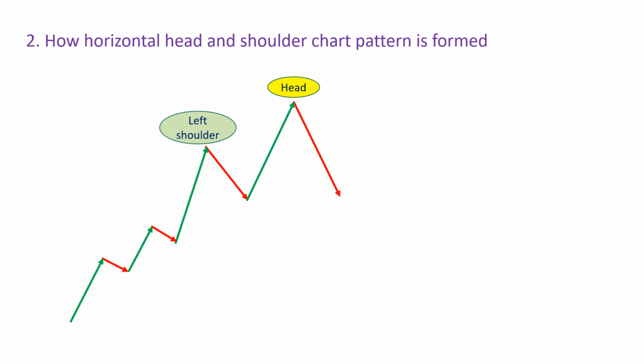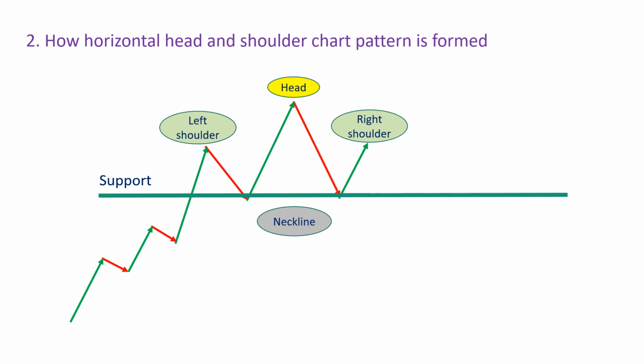If the uptrend wants to continue, the price should make another higher swing high, higher than the head, but this time it failed to reach that high and closed below the head, and the right shoulder is formed. Now you can draw the neckline by connecting these two higher swing lows or the two troughs exactly like this.